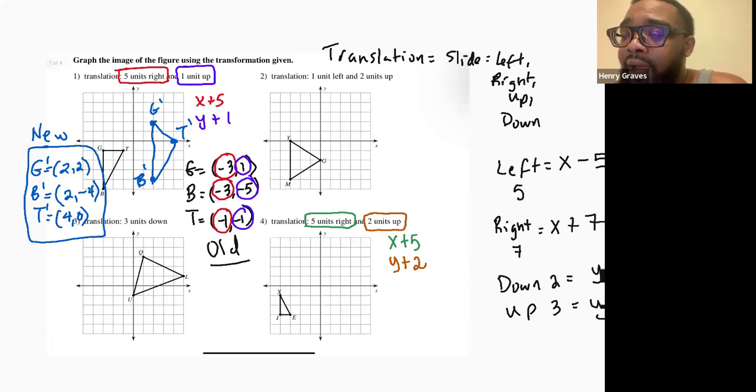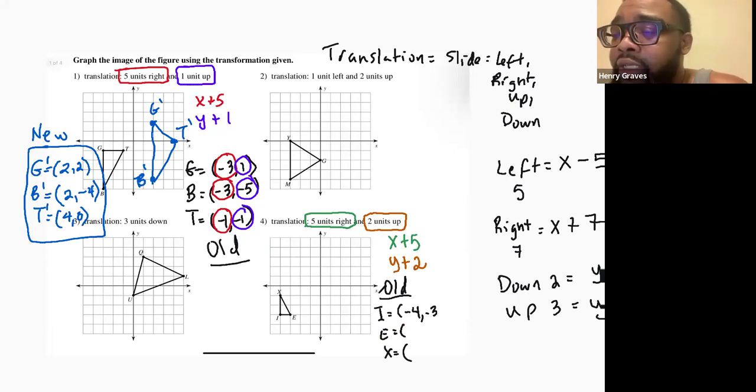I'm going to have I, E, and X. So I is going to be -4, -3, right? Then E is going to be -3, -3.